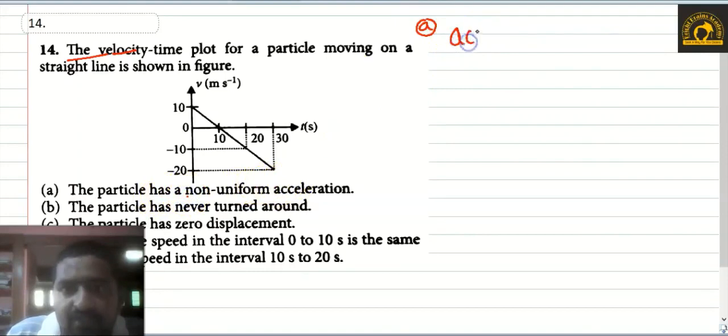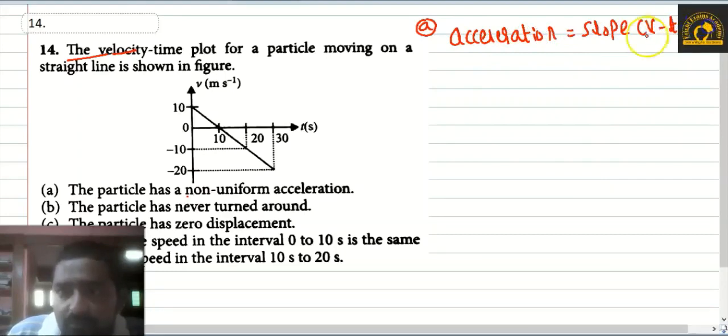In the graph, acceleration is the slope of the VT graph. This is the first slope, and the angle is theta.